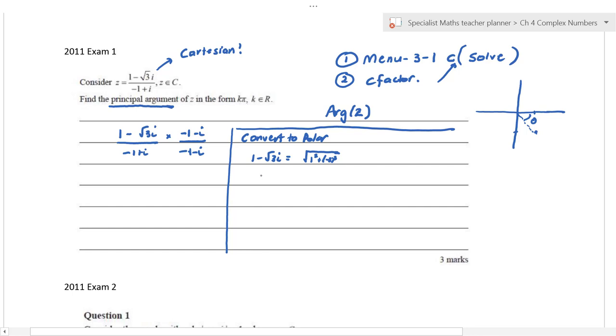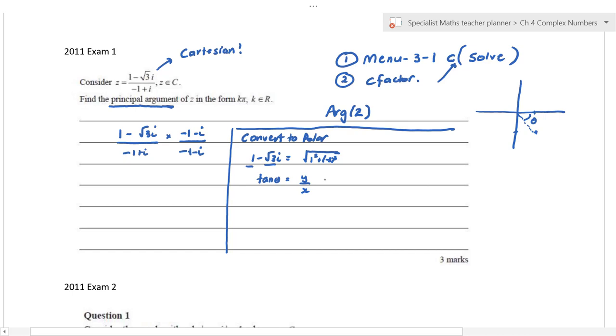So tan theta is equal to y on x, and we're looking for the reference angle, and then we apply the quadrant.